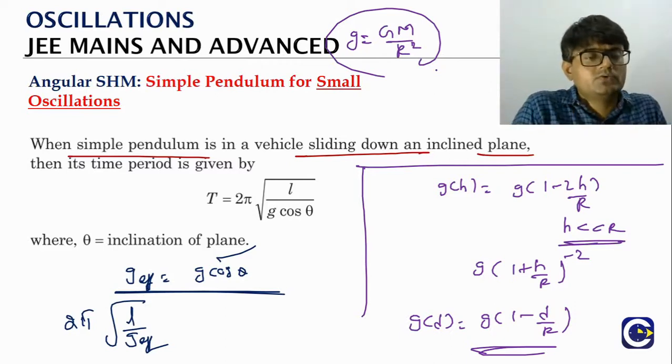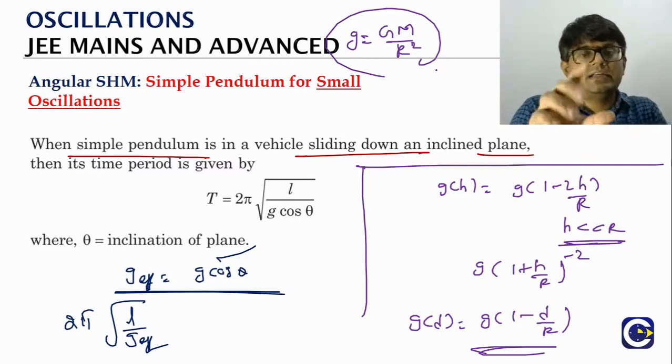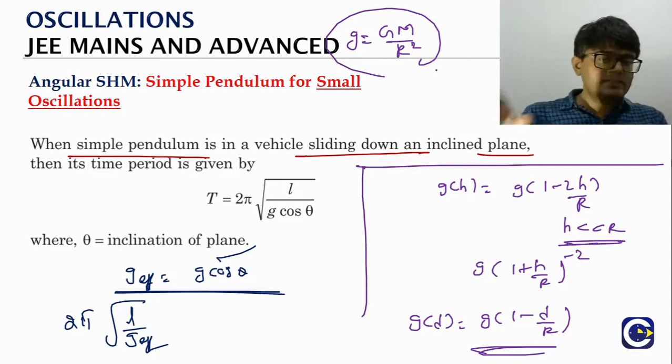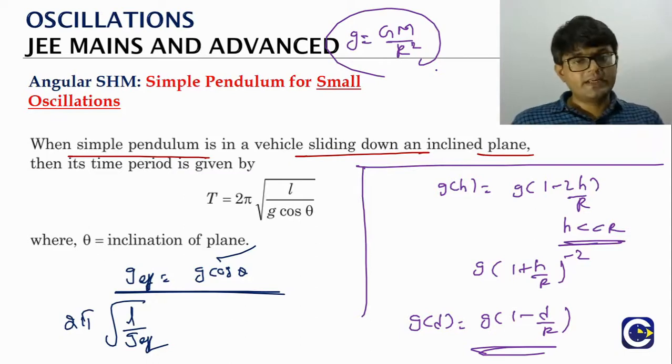Just to give you a comparison, if the acceleration due to gravity on the moon is 1/6 of that on the earth, then definitely that will result in a change in the time period of the simple pendulum. So all these are the modifications that we need to look at.